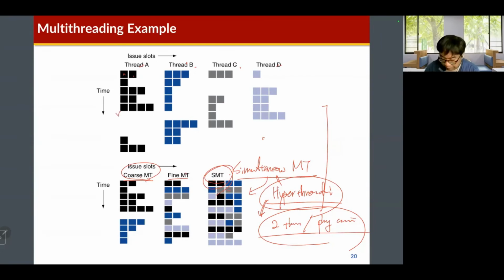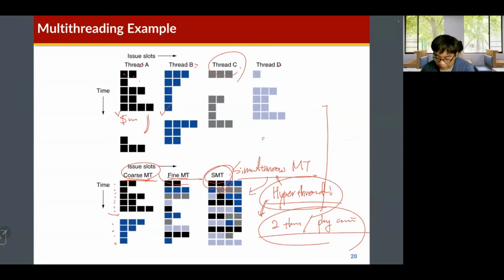Let us assume that thread A encounters a cache miss at this point, so it cannot execute any instructions. In coarse-grained multi-threading, thread A is executed, a cache miss is encountered, the processor changes to thread B, and then when a cache miss is encountered there, it changes to thread C. This is coarse-grained multi-threading.